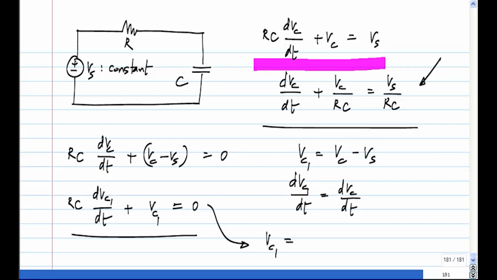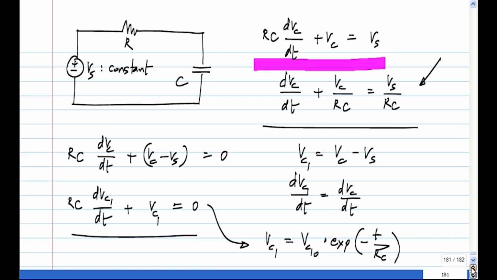What is Vc1? Some constant times exponential minus t by Rc. Okay. So this is just a change of variable to make the right hand side 0 and get a homogeneous differential equation again. And that tells you that for this Vc1, this is the solution.